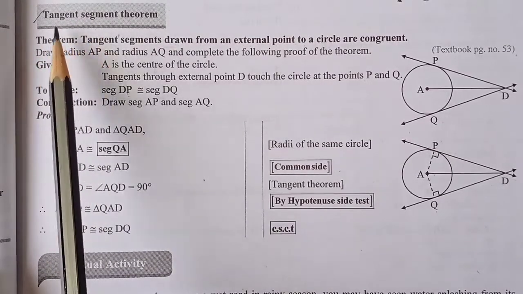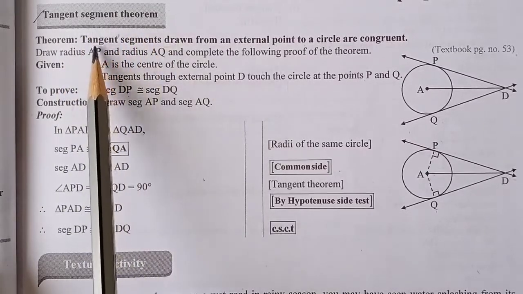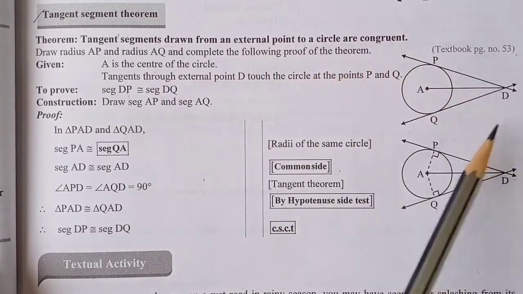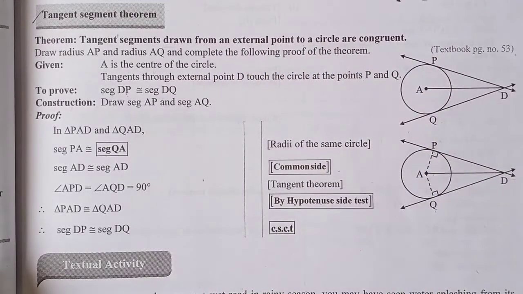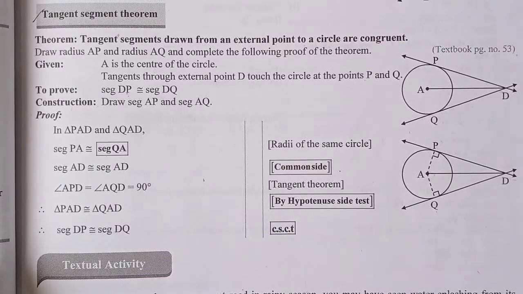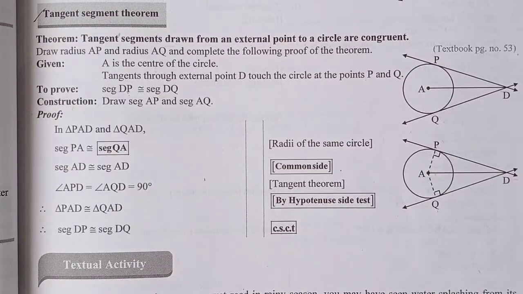Is this theorem clear to you? The tangent segment theorem: the statement is tangent segments drawn from an external point to a circle are congruent. So in today's lecture, what have we seen? We have seen the tangent theorem.